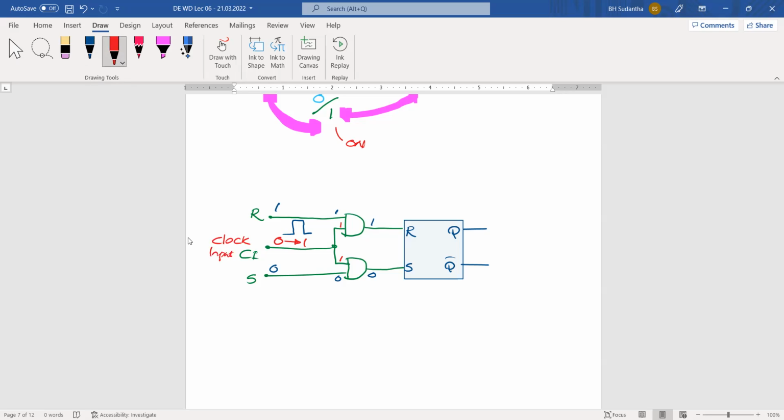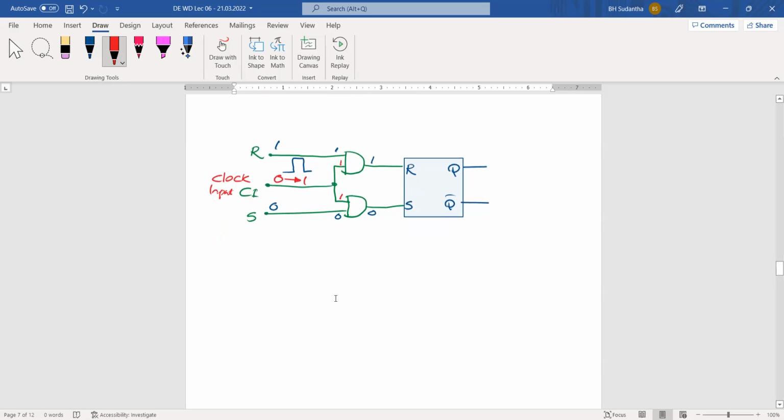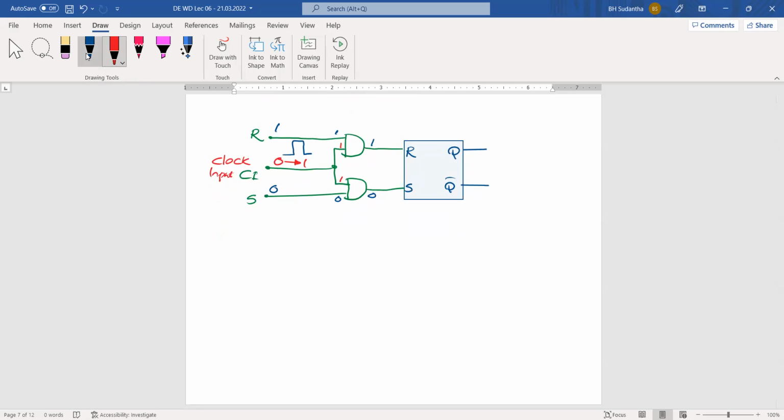Okay. Now with that, we can address the second issue. Then what about the truth table here? Now what will happen to the RS latch truth table? 0 0, 0 1, 1 0, 1 1.